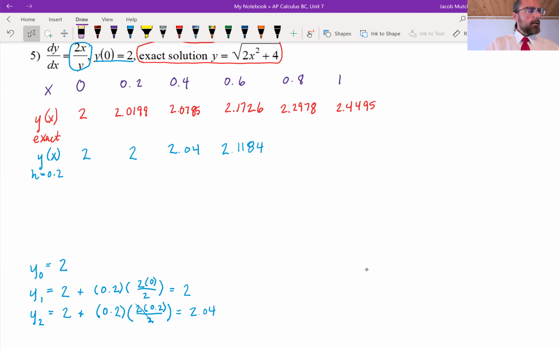At 0.8, our approximation is 2.2317. And the last value we calculated there was 2.3751. So initially, our approximations, we can see, are pretty close.